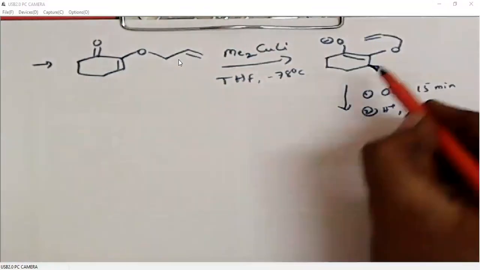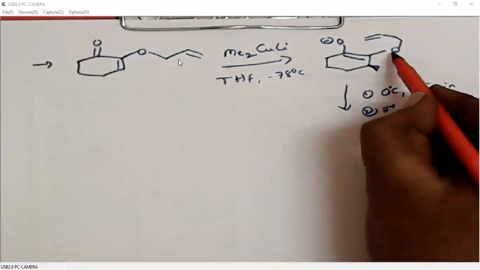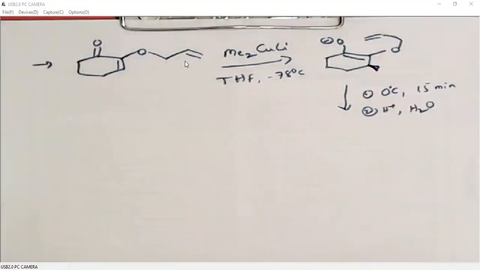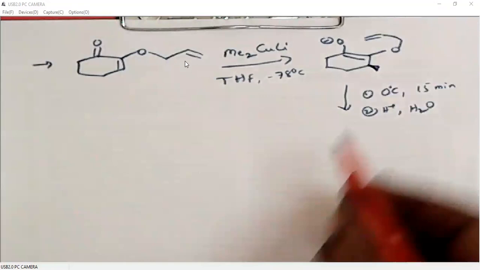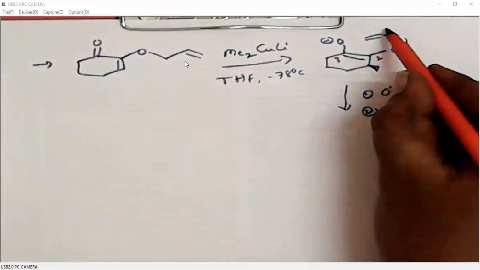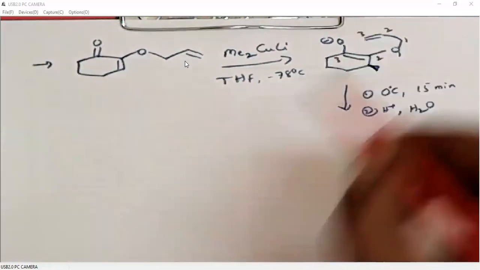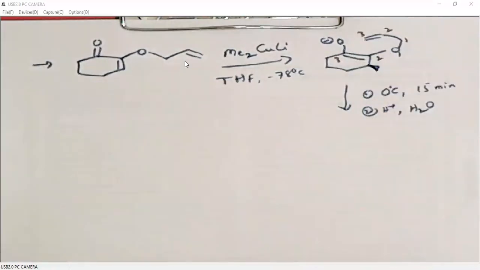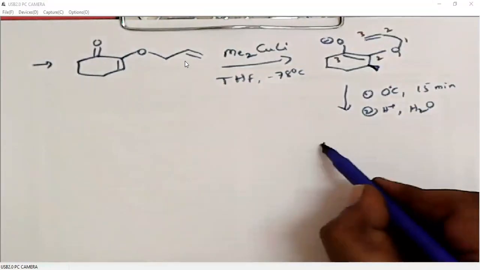Now the enolate ion undergoes Claisen rearrangement, 1, 2, 3, 1, 2, 3. So there will be a bond formation between the 3, 3 carbons, and a bond breaking between the 1, 1 carbons. So it generates a product of this kind.